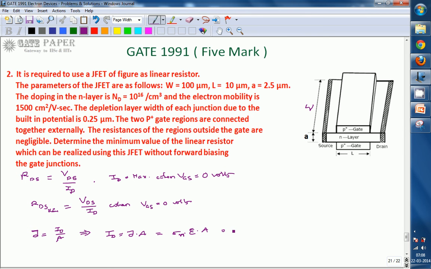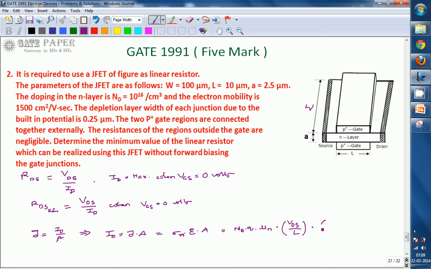Sigma N is Nd times Q times mu N. The electric field is volt per meter, so VDS divided by L, and the area of the channel is A into W.